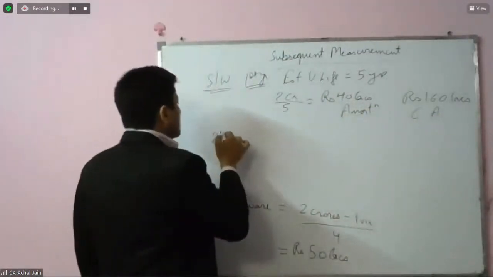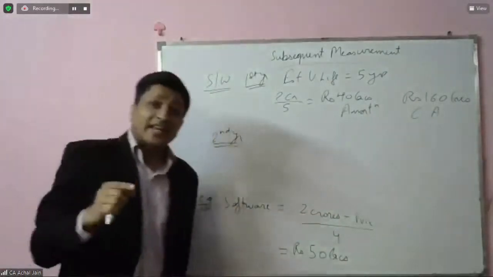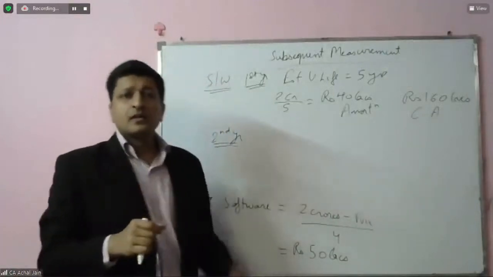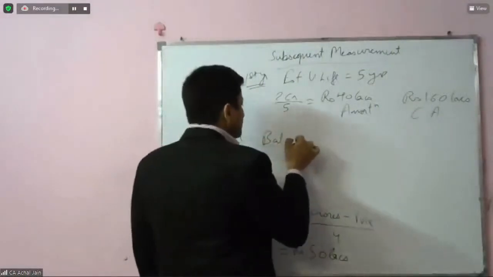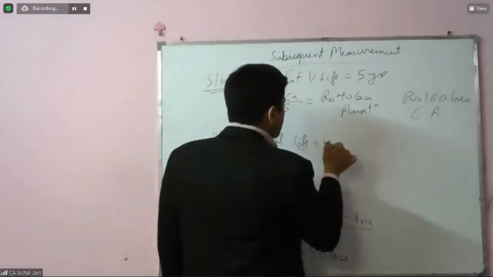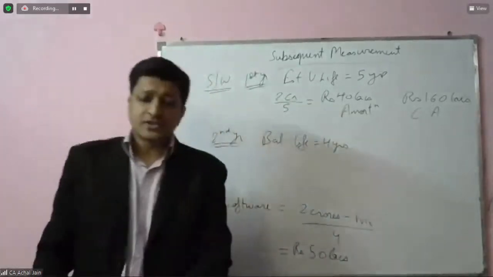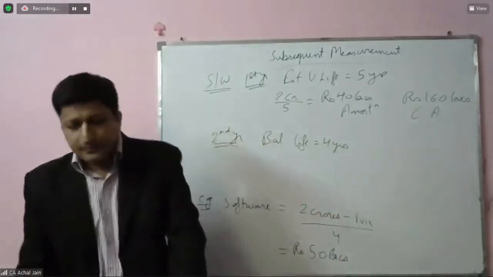Let's say we move on to the second year. Now, second year, what is the balance life of this intangible asset? 4 years. Balance life is 4 years, over which we should charge amortization. Correct?